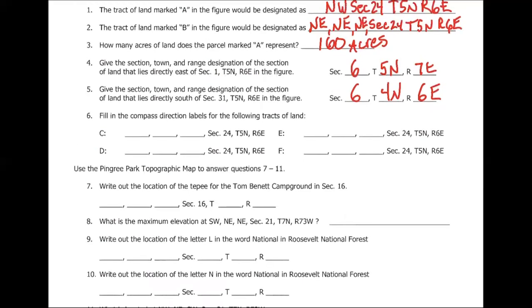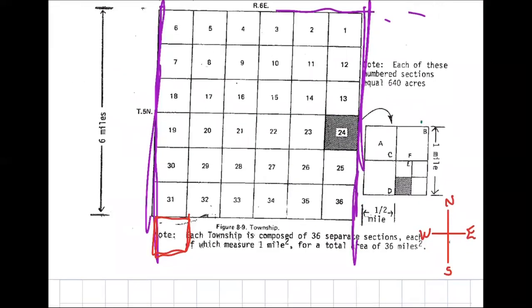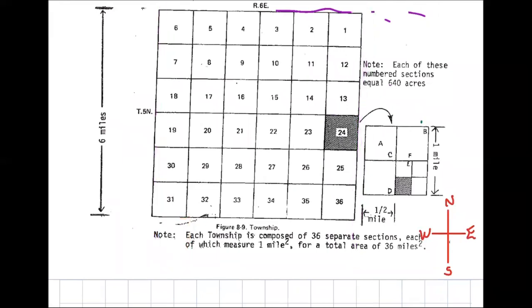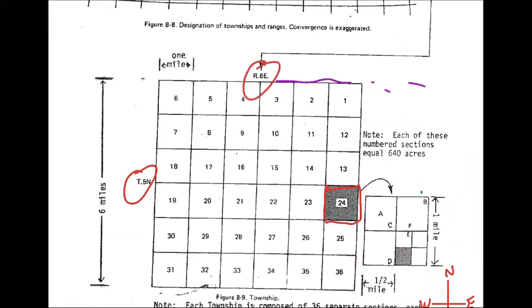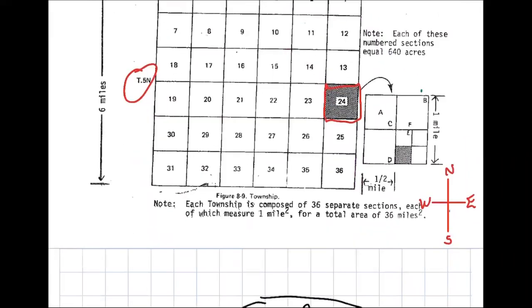Now it already tells us we're in section 24, T5, and R60. That's not going to change for any of them because we are now going back to our square that we originally were in. So that's in section 24. That's right here. Okay, so we're staying in that one now. So we're staying here and we're staying here. We're staying in T5N, R6E, and we're staying in section 24.